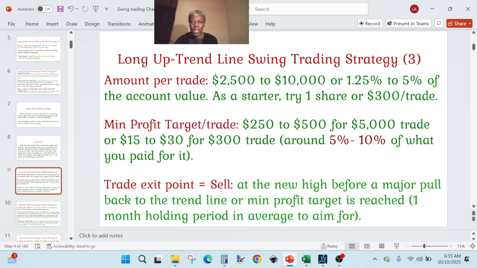And I have some numbers here that you can try to take and work with, even decrease the ratio or the dollar amount to see which one will fit your account size, and just go from there.